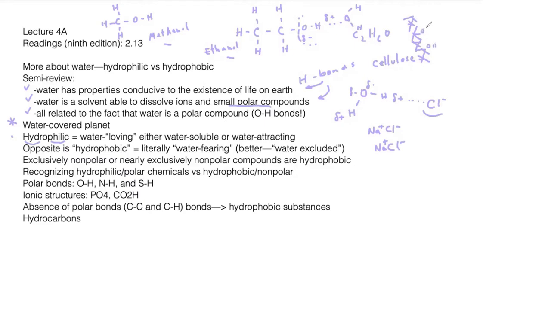This is why paper will absorb water. Water will come along and say, hey, that's a polar entity, and I'm going to be adhering to that. Water molecules will join in and creep up. The reason paper absorbs water is because it's a hydrophilic substance.